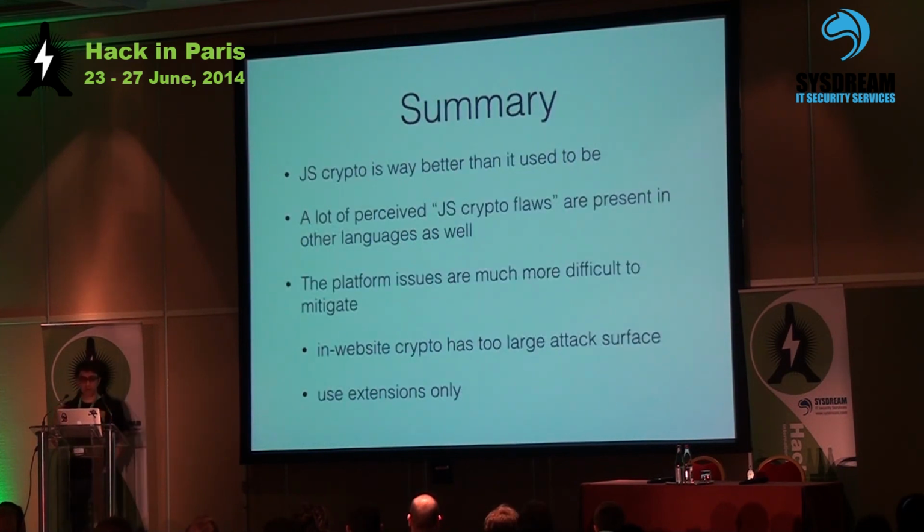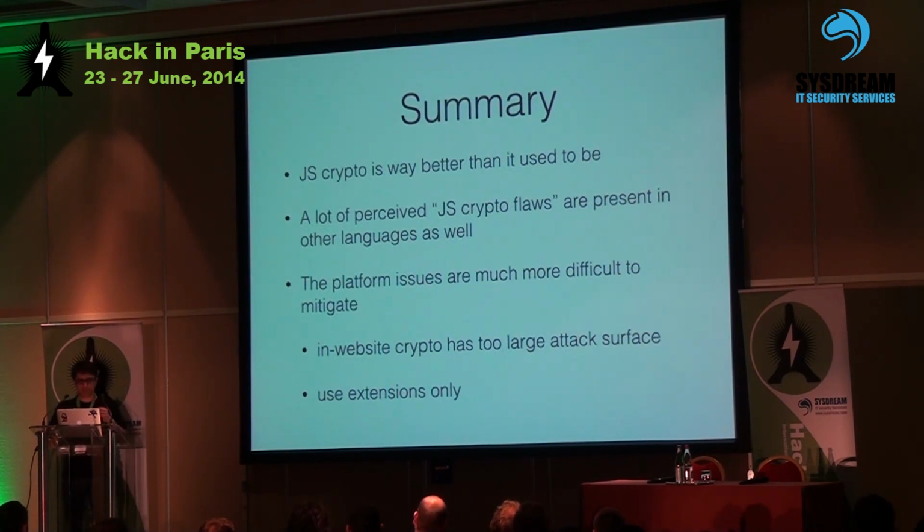So, the summary. JavaScript crypto has similar problems to native crypto. The library quality is way better than it used to be. And actually, it's not XSS which is the problem, as has been mentioned. It's actually the pretty large attack surface coming from the browser.